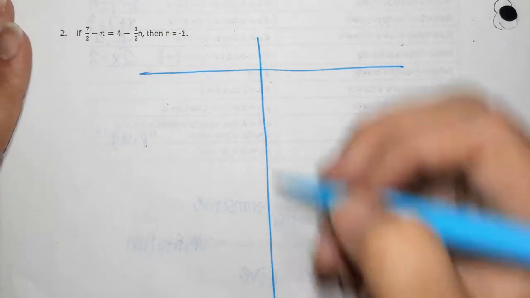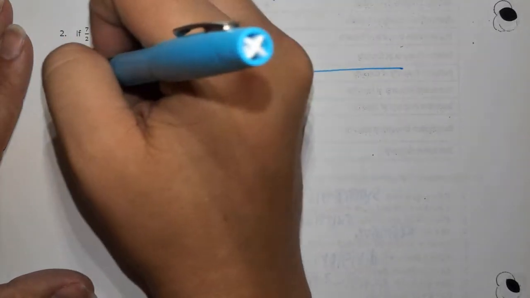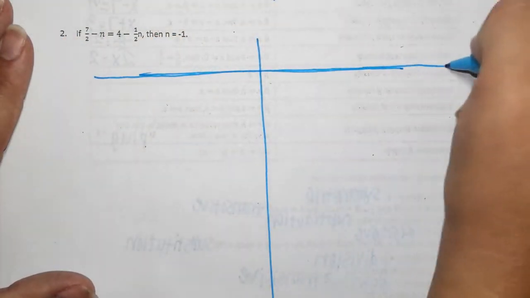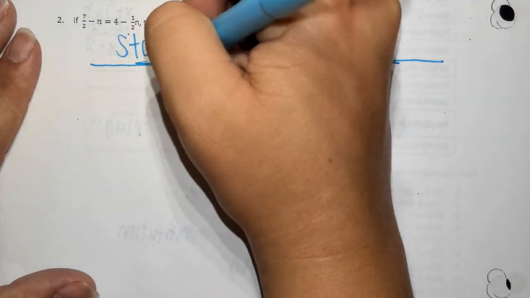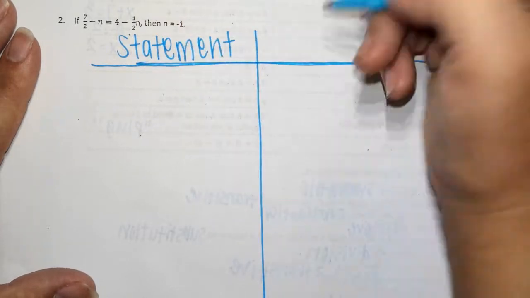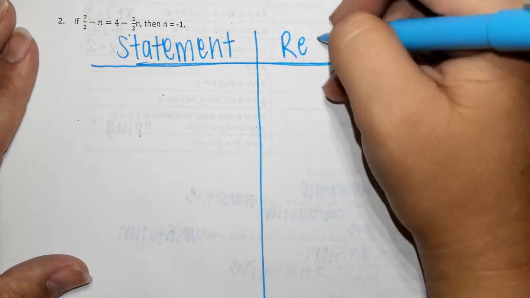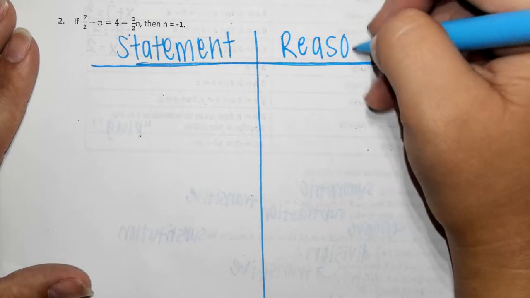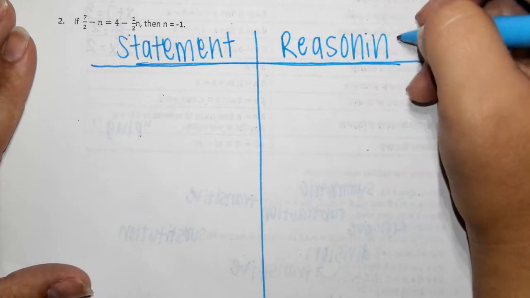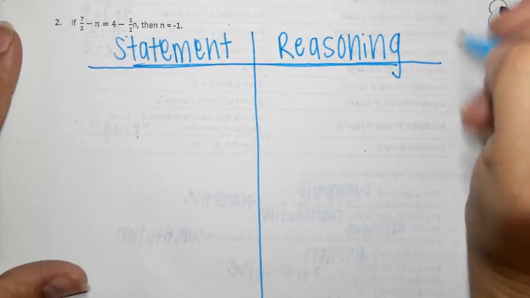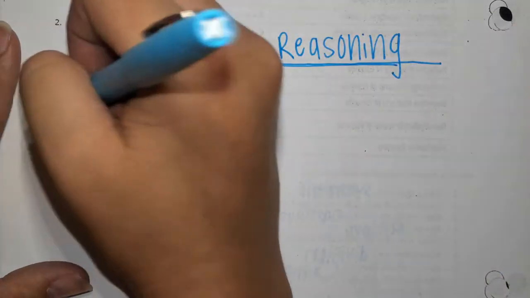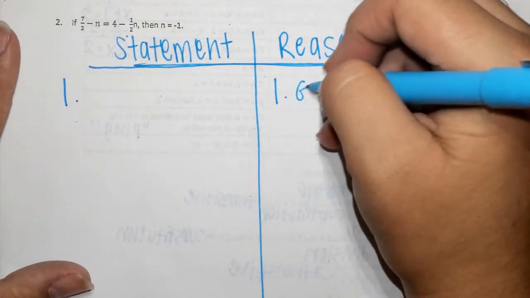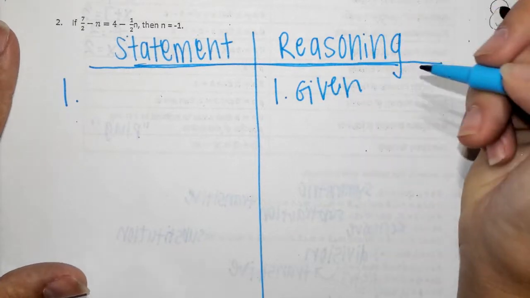Same thing. You're almost giving up on yourself because you see fractions already. It is okay. So you use the same titles: statement, reasoning. Number 1, first step is always whatever you are given.